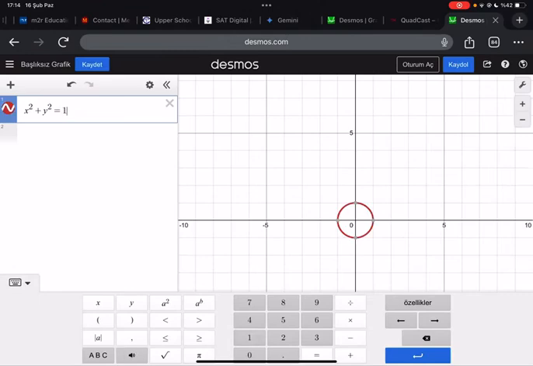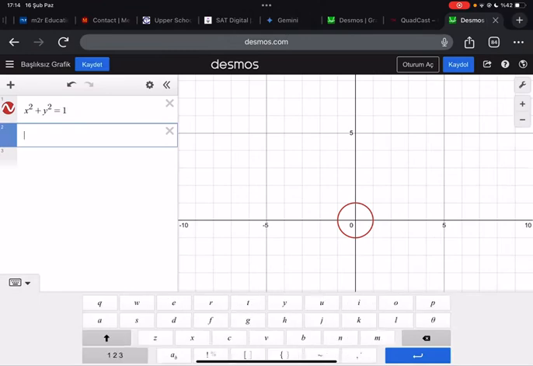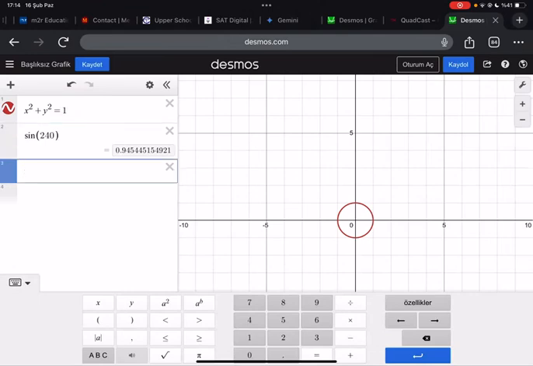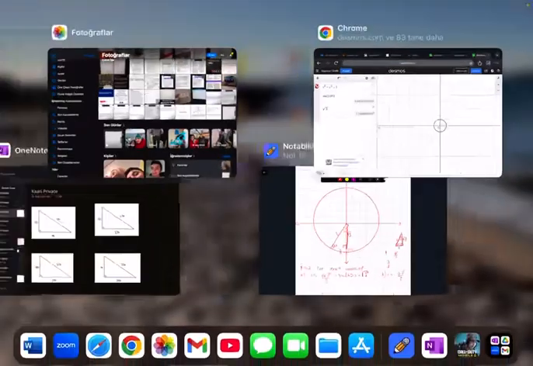Okay, so we were asked sine 240. Okay, square root 3 is equal to... I think I did something wrong in here.